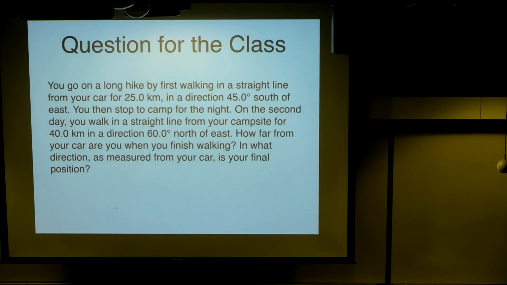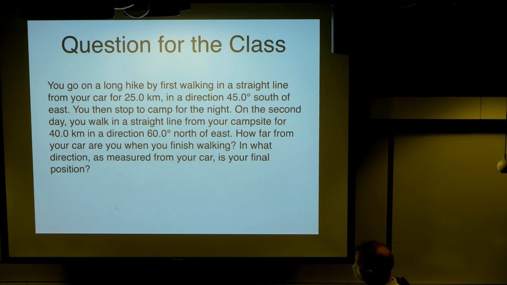This is another one that involves directions on the map. So I think this will be a good one to go over. You go on a long hike by first walking in a straight line from your car for 25 kilometers in a direction 45 degrees south of east. You then stop and camp for the night.